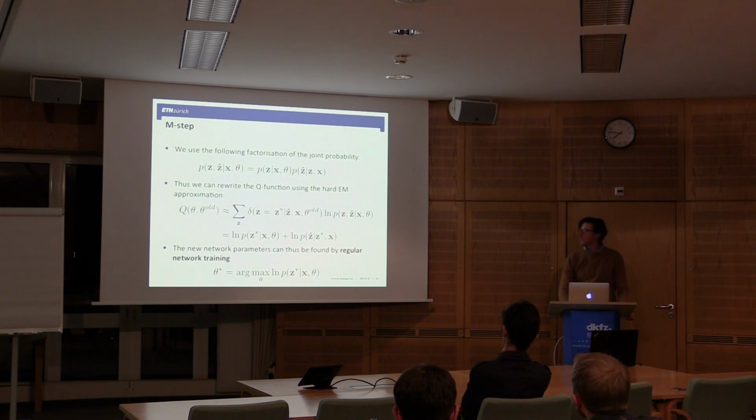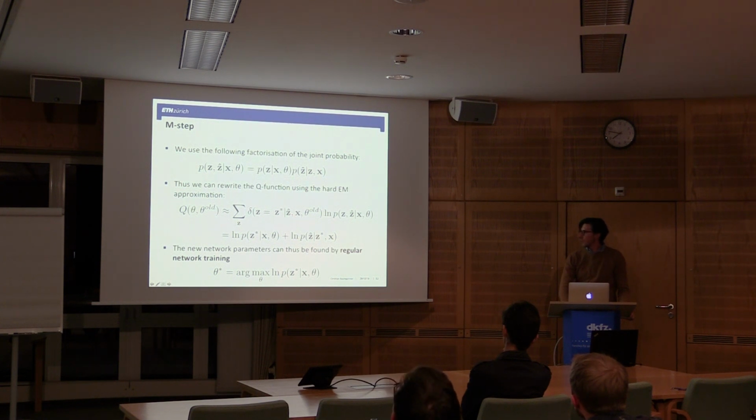Okay, once we have this labeling Z star, we want to plug it into our Q function. So we use this factorization for our joint probability. And this is the Q function from before, but we plug in the mode of this distribution we found. So using the sifting property, this equation up here, you get these two terms.